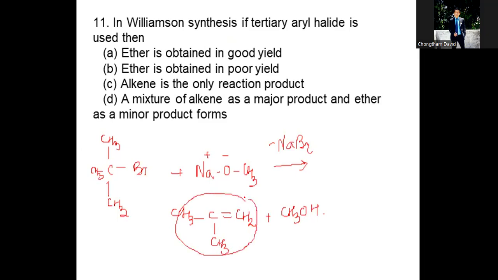It is because alkoxides are not only nucleophiles but strong bases as well. They react with alkyl halides leading to elimination reaction. This is elimination reaction in Williamson synthesis. So alkene is the only reaction product. The answer to question 11 will be option number C. Clear? Now let's move on to question number 12.